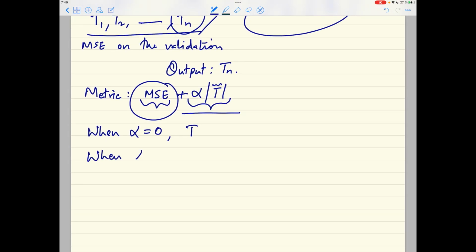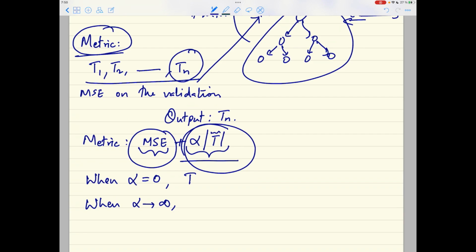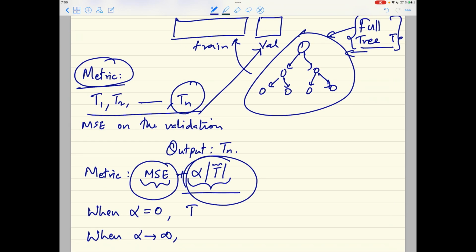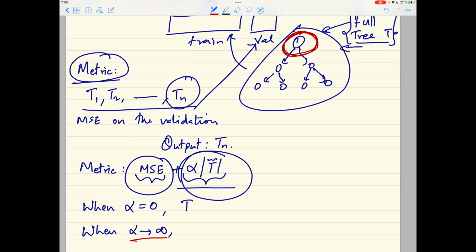And if alpha is set to be very, very large, then the resulting subtree would be extremely small, because we are putting a lot of weight on the complexity of the tree. One example in this case might be the root node of the full tree. If you set alpha to be very large, you might just end up with the root node, which corresponds to no splitting at all.